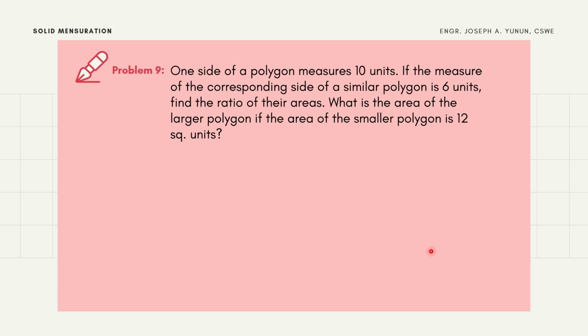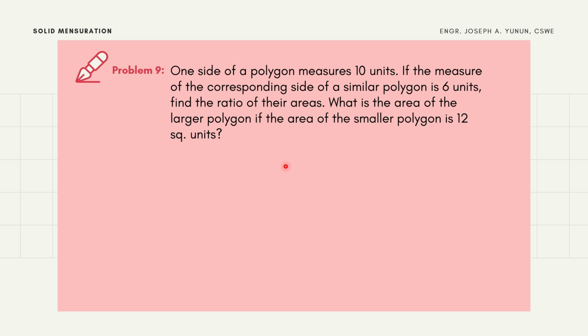Problem 9. One side of a polygon measures 10 units. If the measure of the corresponding side of a similar polygon is 6 units, find the ratio of their areas. What is the area of the larger polygon if the area of the smaller polygon is 12 square units?